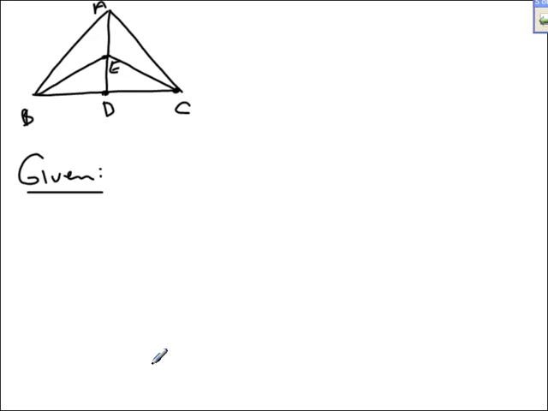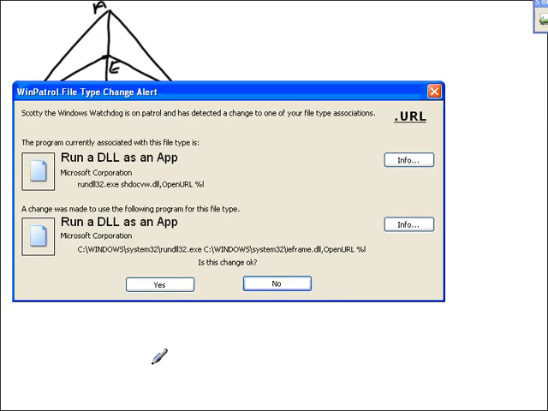We're given that AD is the perpendicular bisector of line segment BC.